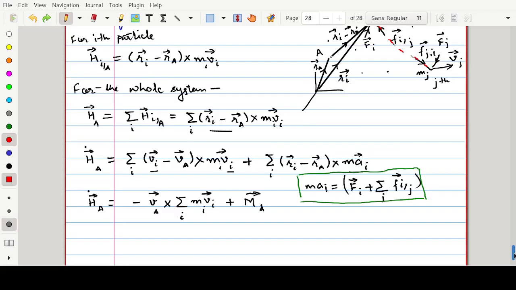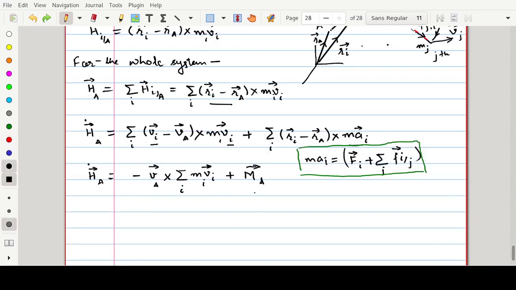So what will be left finally will be net external moment, so moment due to external forces, because moment of equal and opposite forces will cancel out. So there will be no contribution in moment from the internal forces.